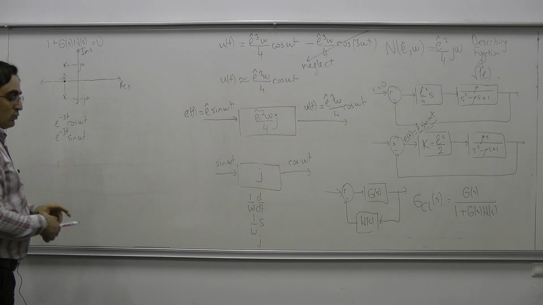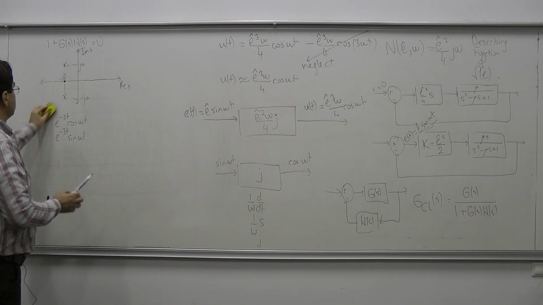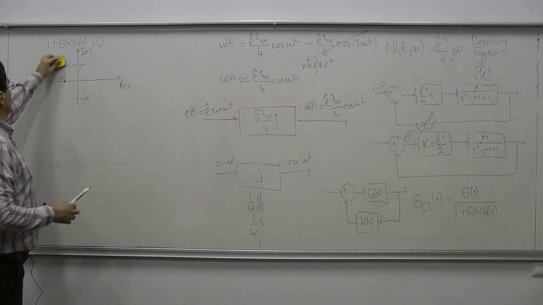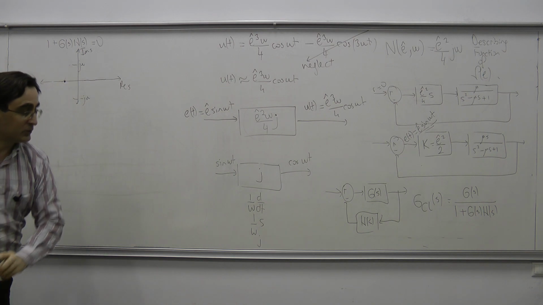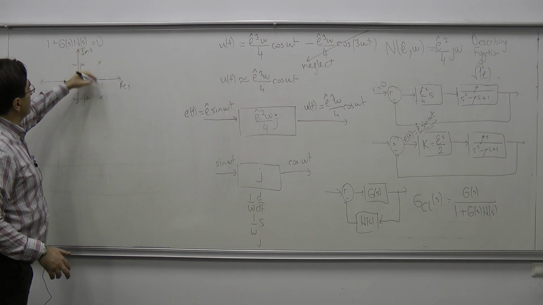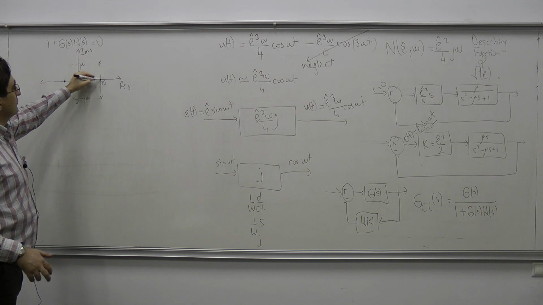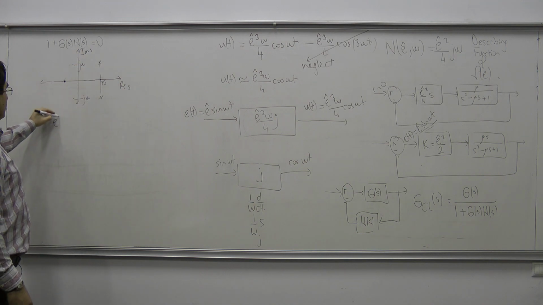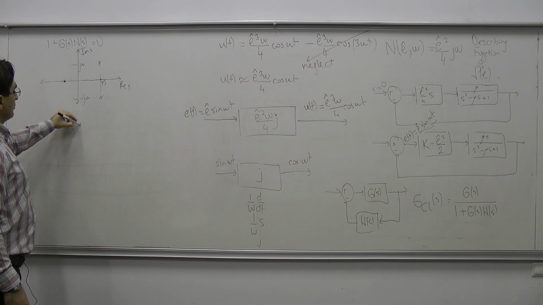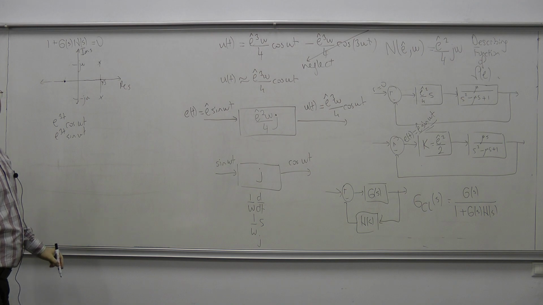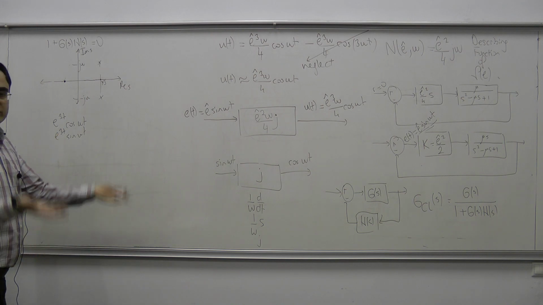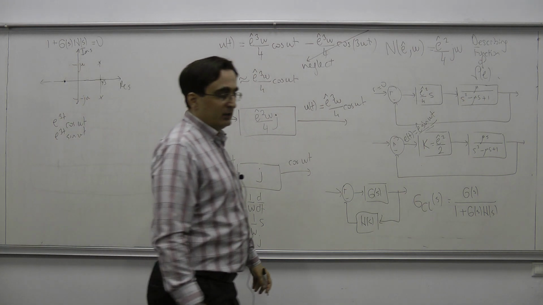What would happen if I have the reverse scenario? If the closed loop poles are here and here, with the real part +3. In that case, I would see e to the 3t cosine omega t, e to the 3t sine omega t in my response. Okay? But these are oscillations which would be growing indefinitely.